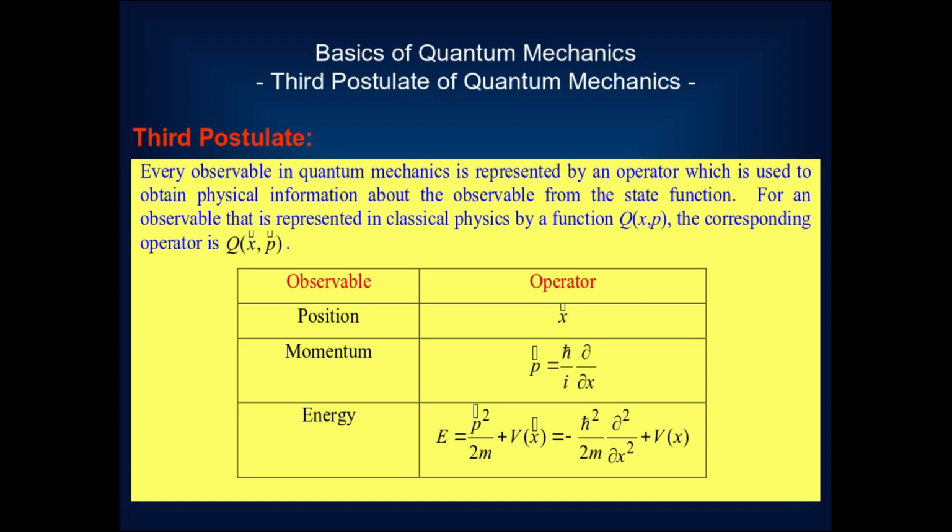Therefore, in the table we show some operators. The position operator is x, the momentum operator is p, which is equal to h cross upon i del upon del x.